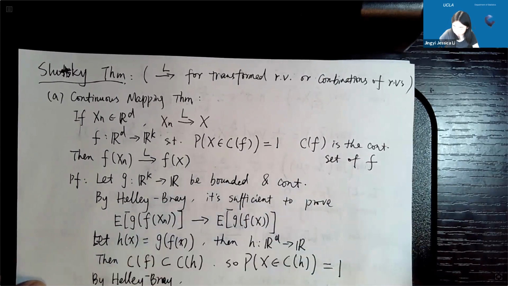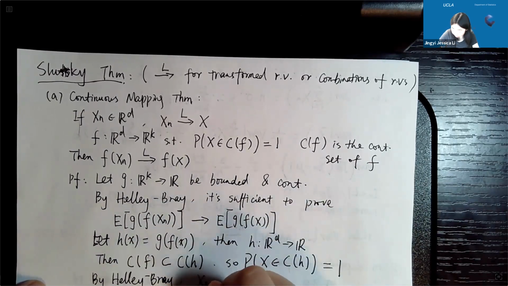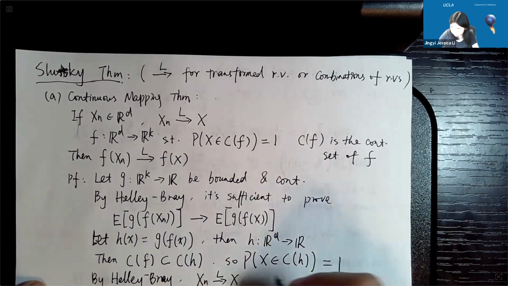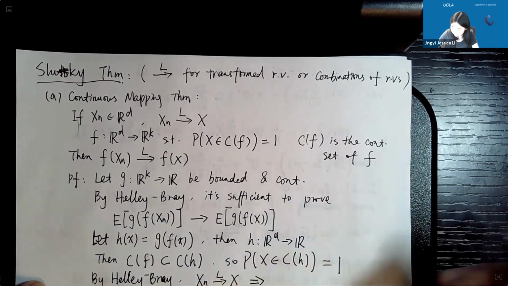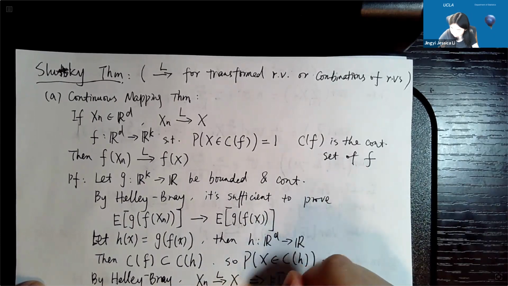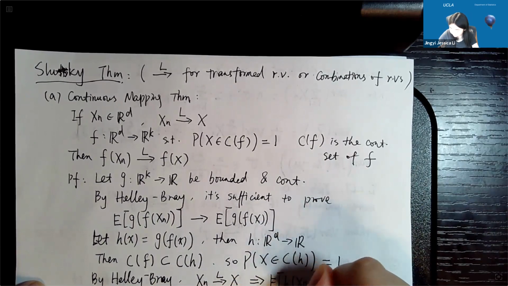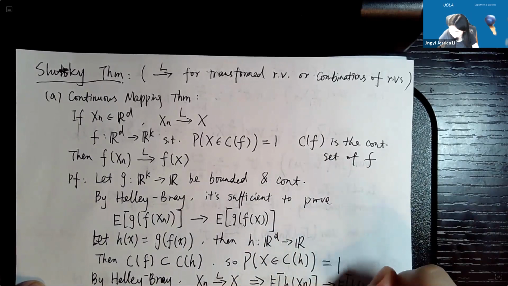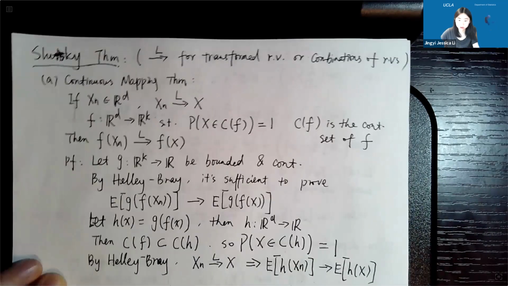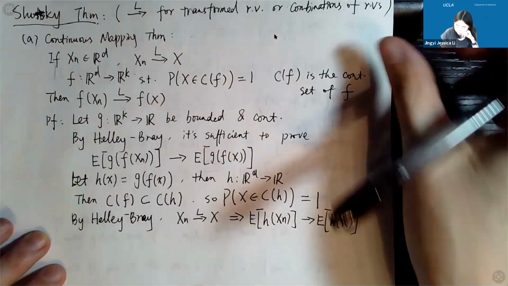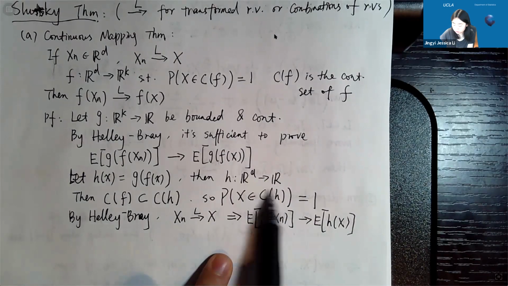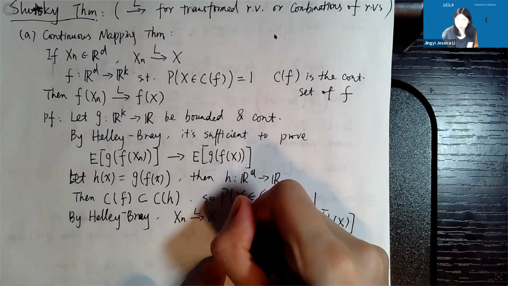Xn converges in law to X, this can tell us that the expectation of H(Xn) converges to the expectation of H(X). This is one direction of Portmanteau. And here, because H may not necessarily be continuous everywhere, that's why we need this condition to help us. We need this to get the Portmanteau through.